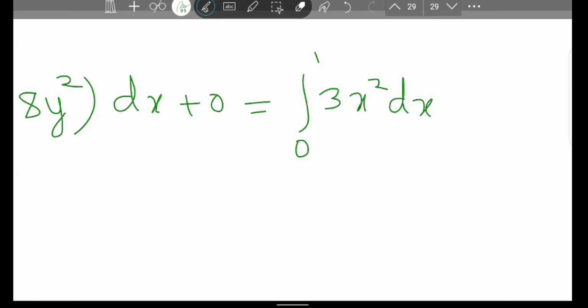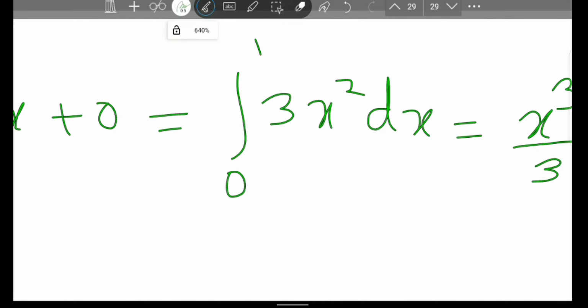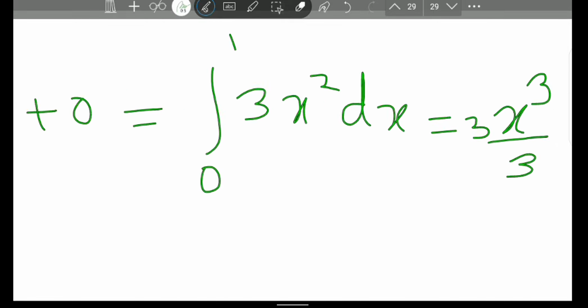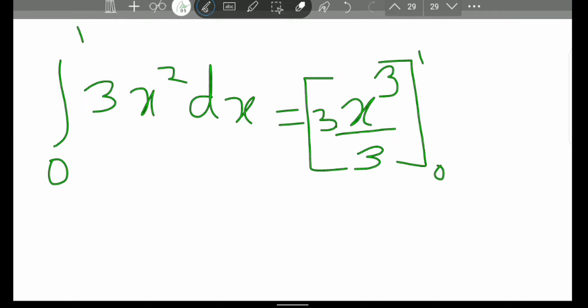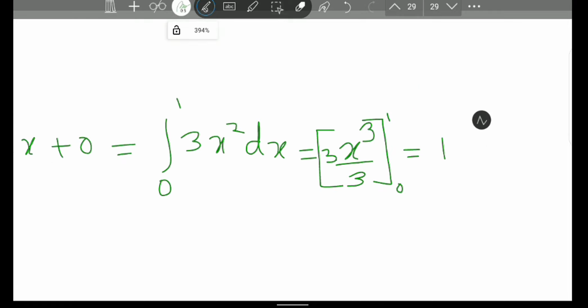And that is equal to x cubed by 3, since the integral of x squared is x cubed by 3, and 3 as it is. We can cancel 3 and 3 out. Changing x from 0 to 1, that's equal to 1. So we are done along OA.